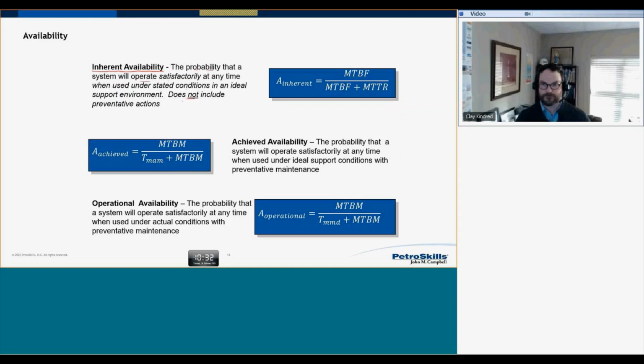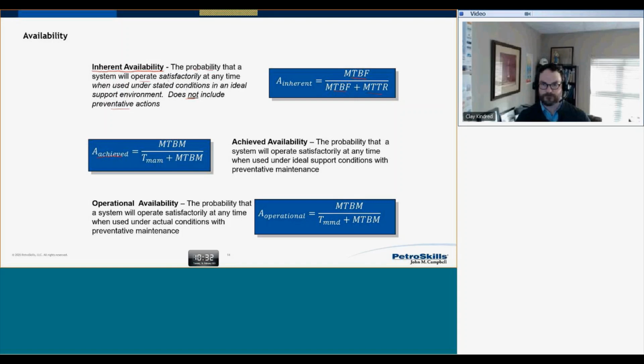It does not include maintenance times, preventive maintenance. So that works. It's good for planning maintenance. And if you take your mean time between failures divided by your mean time between failures plus your mean time to repair, that's what this will give you. But don't forget, you're not including planned maintenance.